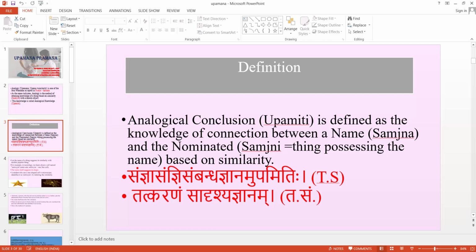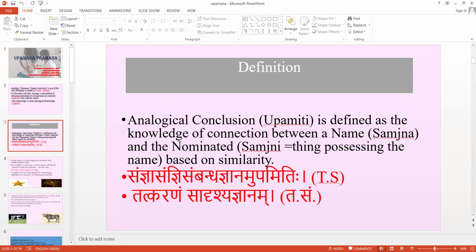As I already said, we don't know starfish, but we know starfish is like a star. Star is a name. Whenever you happen to see a starfish, you get the knowledge that this is a starfish because it is just like a star.